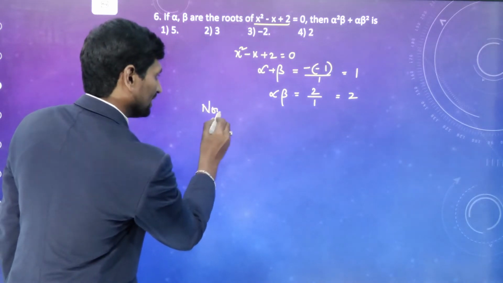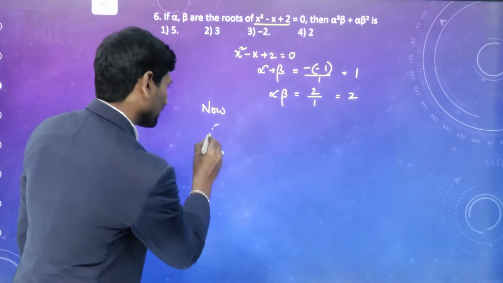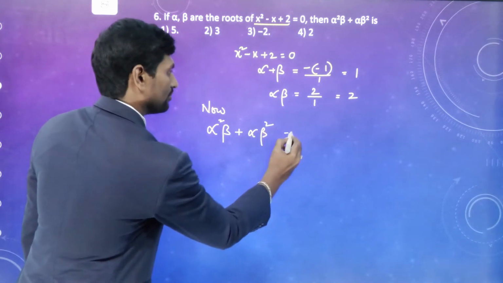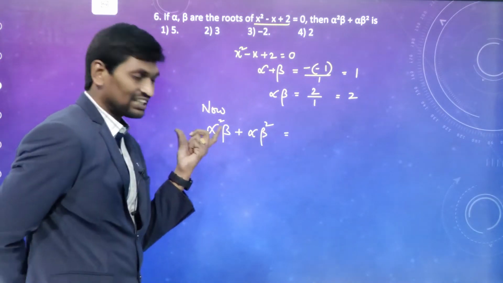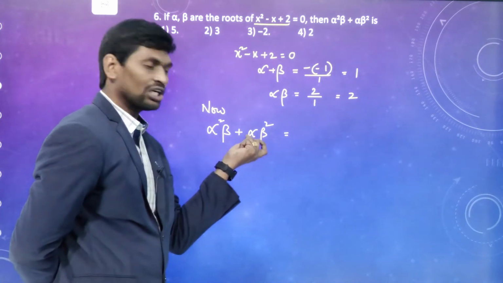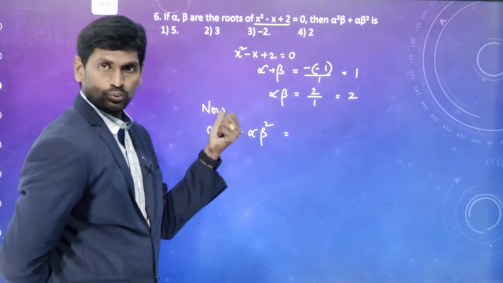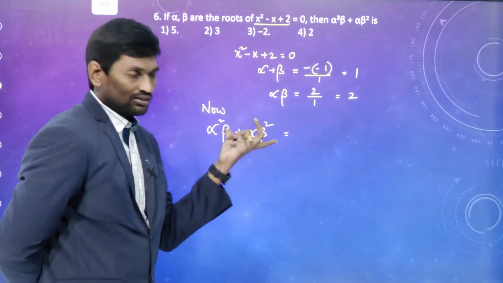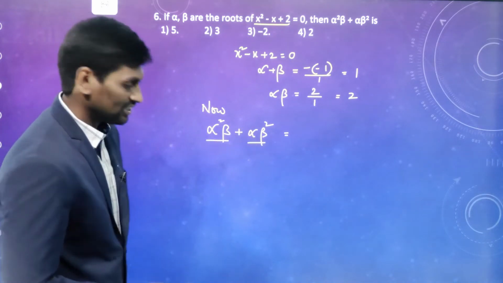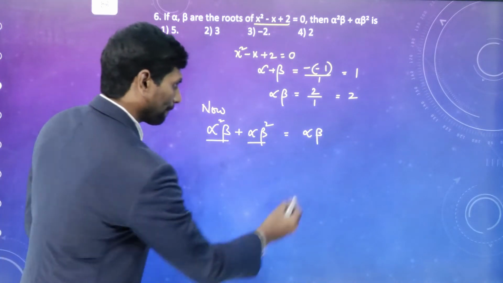Now what to find? Alpha square beta plus alpha beta square value. While you are observing clearly, both are products only. That means alpha into beta here, and here also alpha into beta. But alpha is present 2 times, alpha into alpha, alpha square, and beta into beta, beta square. From these 2 terms, I can see clearly alpha into beta, so let us take the common term alpha into beta.